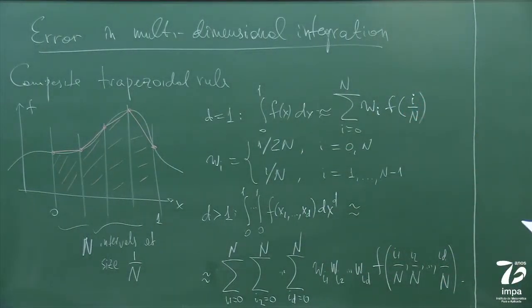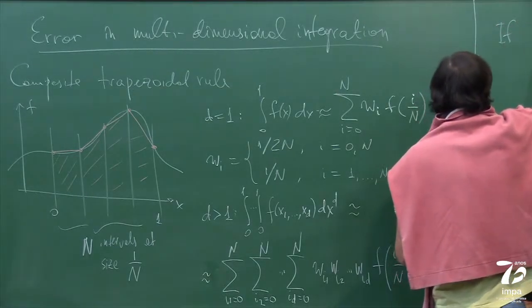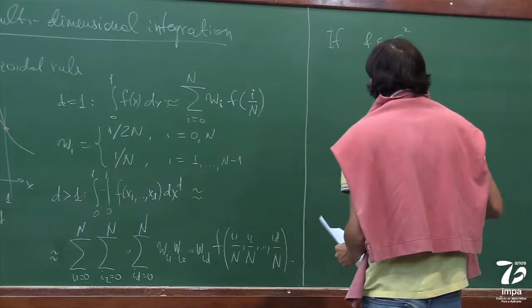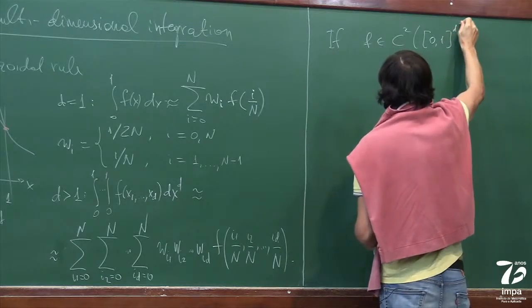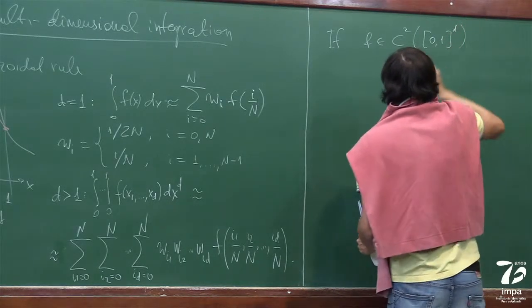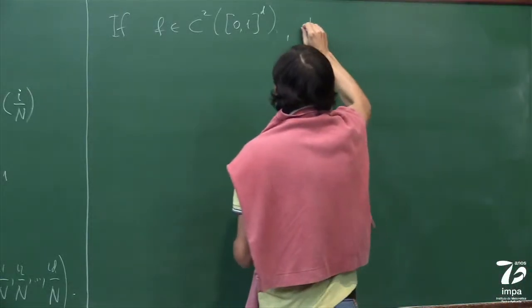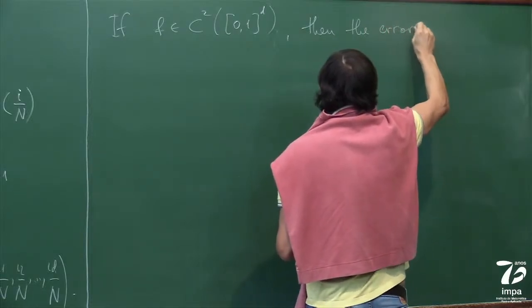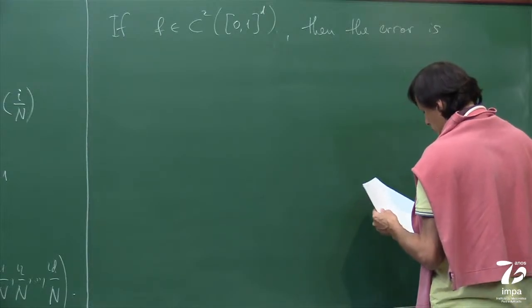Error is second order, if the function is C2, so in this case it should be C2 on a cube. Then the error is second order.